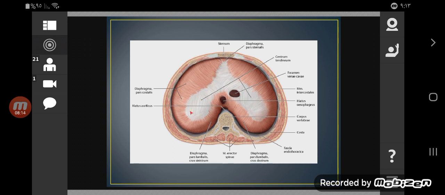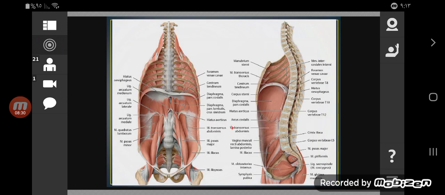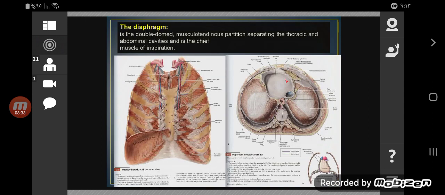It consists of three parts: right leaflet, left leaflet, and anterior leaflet. And in the last picture, you see the pericardium; the basal part of the pericardium attaches firmly to the anterior leaflet of the central tendon of the diaphragm.